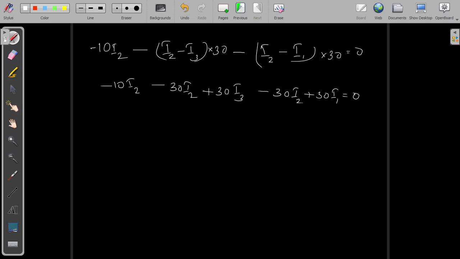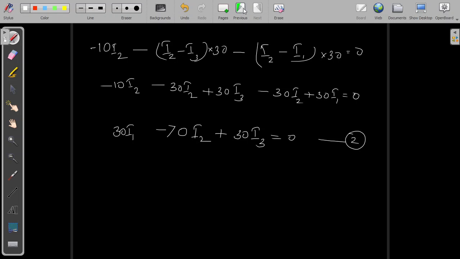That means minus 10 minus 30 minus 30, you will get minus 70 I2, then plus 30 I1, and plus 30 I3 equal to 0. This is my second equation.